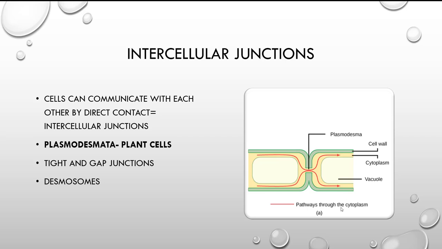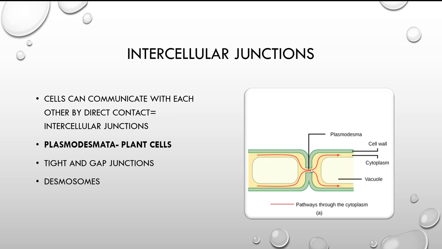So plasmodesmata, or plasmodesma, occur, if you recall, with our plant cells. Our plant cells have that extra cell wall. Because of that extra cell wall, which allows for structural support and protection, plant cells need a way that they can exchange different nutrients and communicate with each other. And so they have these little gaps in between the cells.